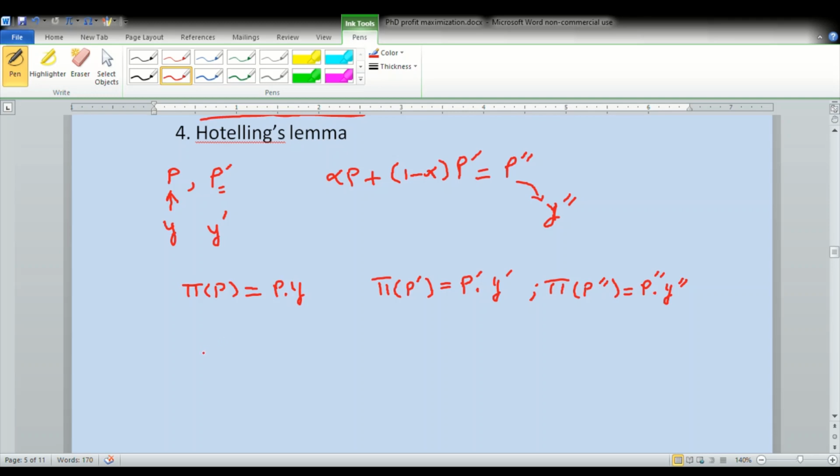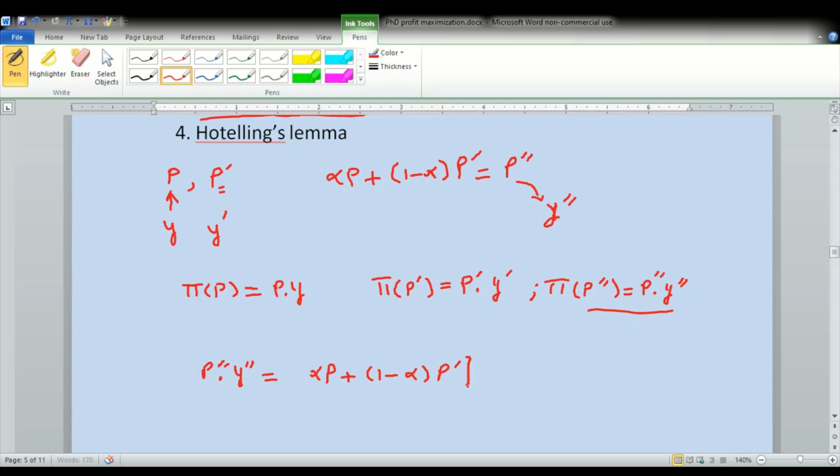Now let me consider the right hand side of this part. I can write P double dash dot y double dash, which is equal to alpha P plus 1 minus alpha P dash.